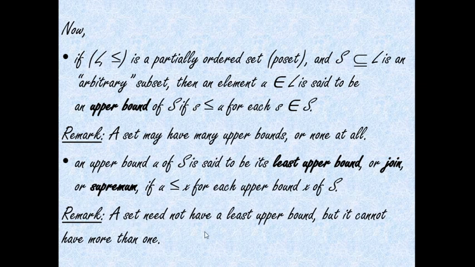A set need not always have a least upper bound, but it cannot have more than one. That is, if a set has a least upper bound, it will be unique. But we cannot say that it always has a least upper bound.